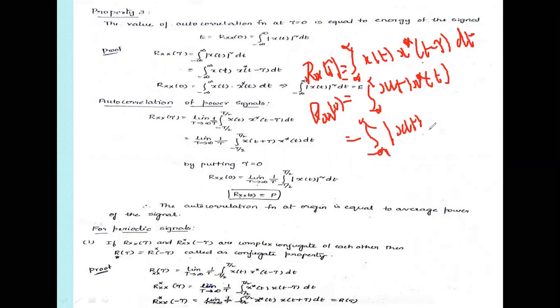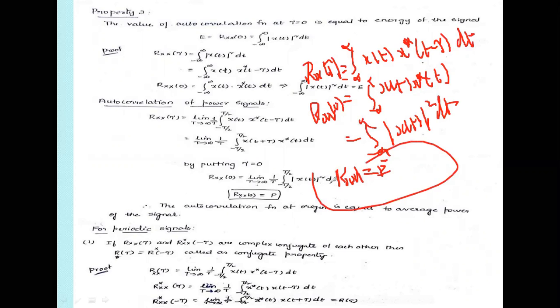When tau is equal to 0, Rx of 0 is equal to the integral of x of t, x conjugate of t minus 0. So x of t and x of t with the conjugate is the squared magnitude of x of t, dt, which is equal to E. Okay.